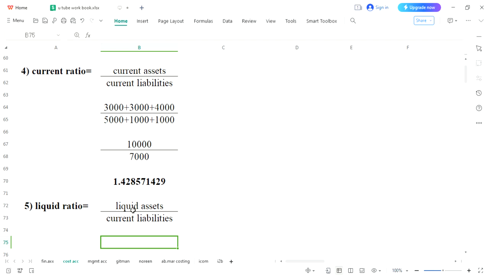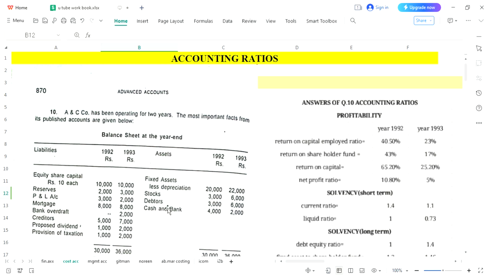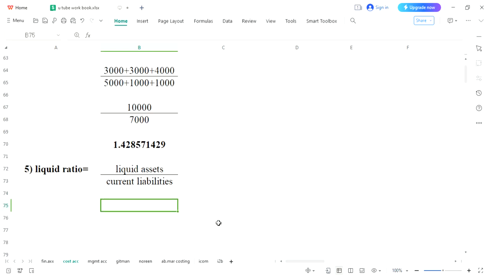One is direct: just do not add stock. As you can see, these are assets, 334 current assets. If we are not including stock, we will have debtors and cash. That means 3 and 4. So here you will put 3000 and 4000. These are your liquid assets.